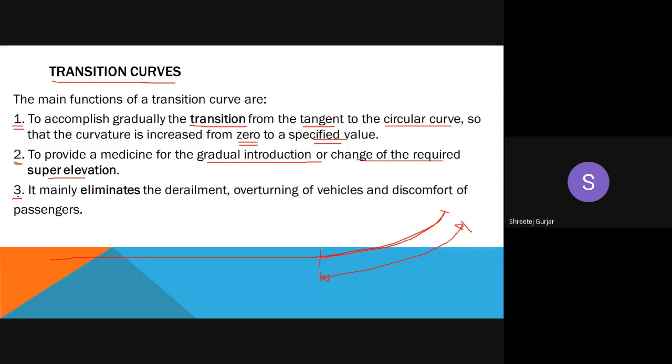And then the third important point: what does it eliminate? It eliminates the derailment or overturning of vehicles and also the discomfort of the passengers. Very important. So when you are going straight at high speed and you suddenly enter into a circular curve like this, it will be very uncomfortable for the passengers, right? You will be thrown out to the outer side.